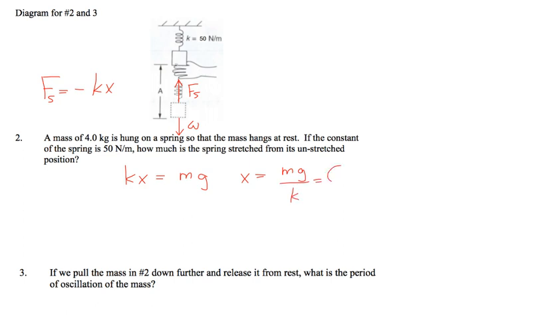If you put in the numbers, you have 4 kilograms, for g you can put 9.8 or 10, I don't care which one, and for the k, 50 newtons per meter. Solving that came out to be 0.78 meters.